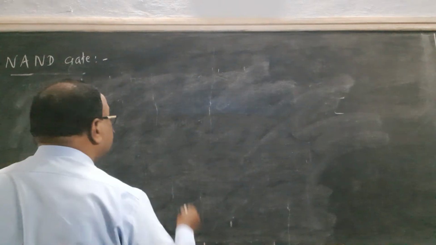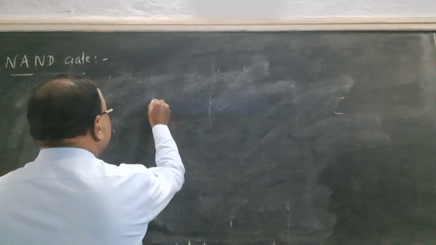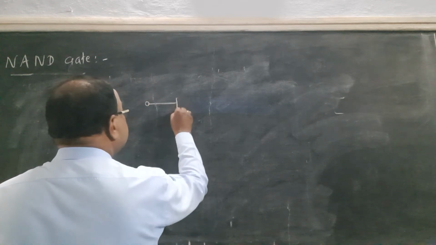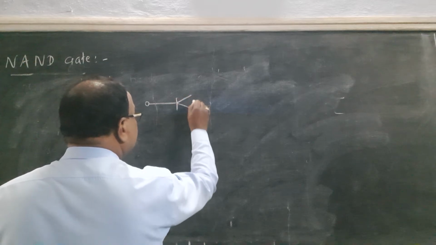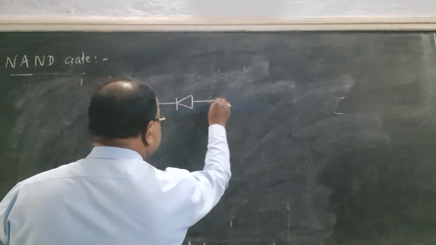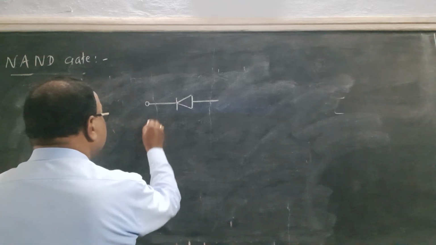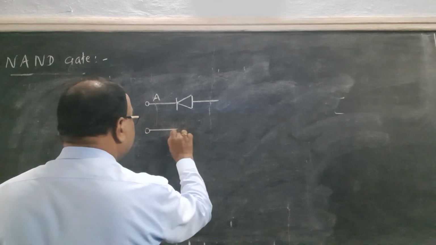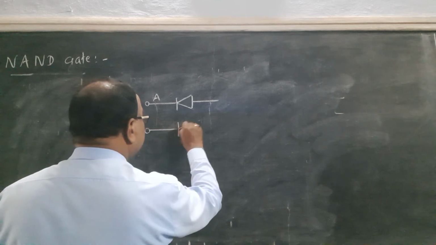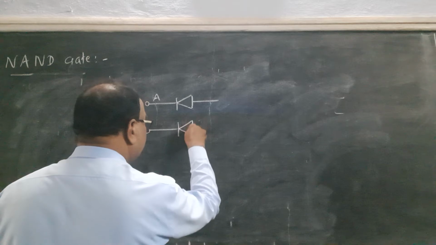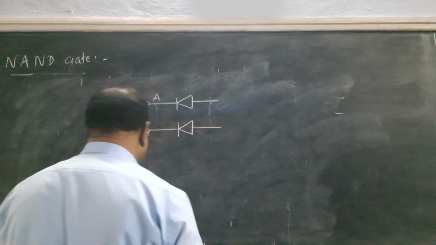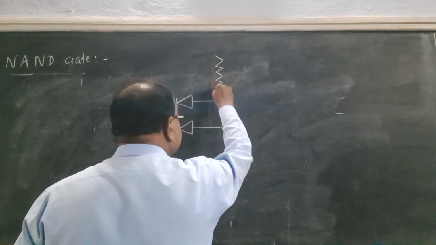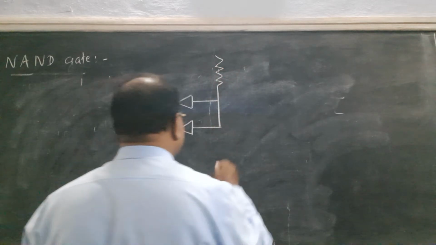Now, as I told you, there are two diodes which are connected as this is the first diode D1 for input A, and this is for the input B, right? So now a resistance is connected here. R1 is the resistance to be connected in this.